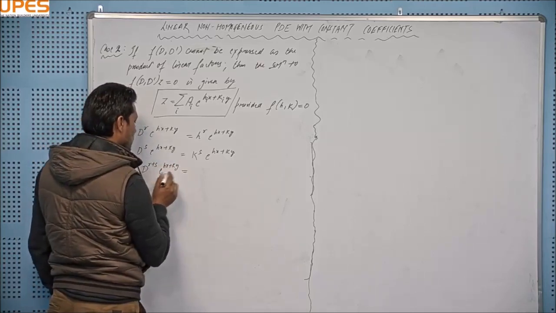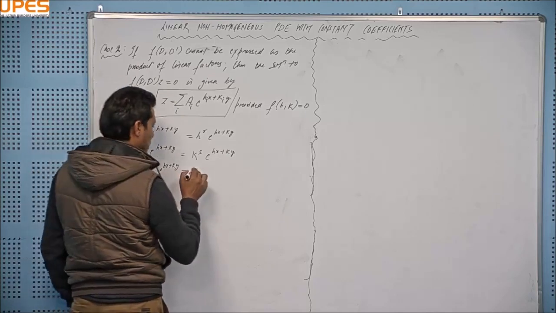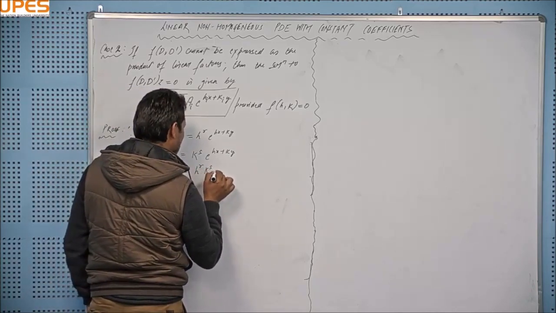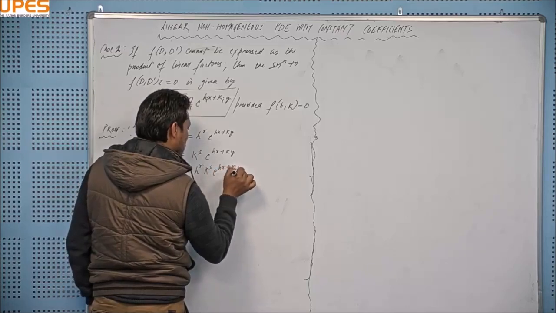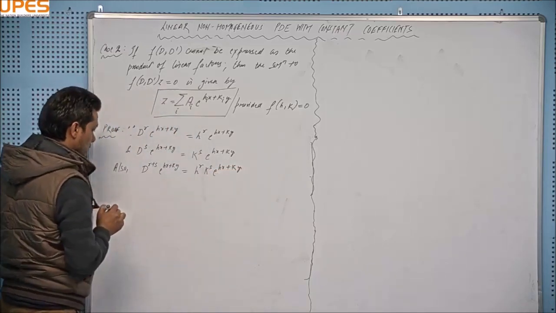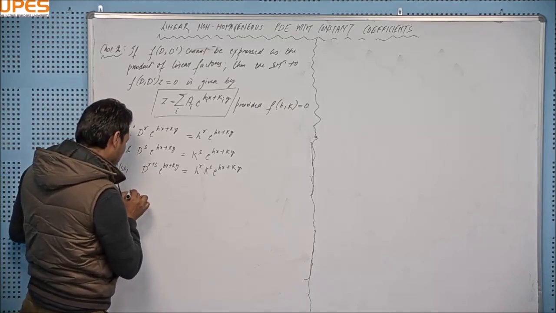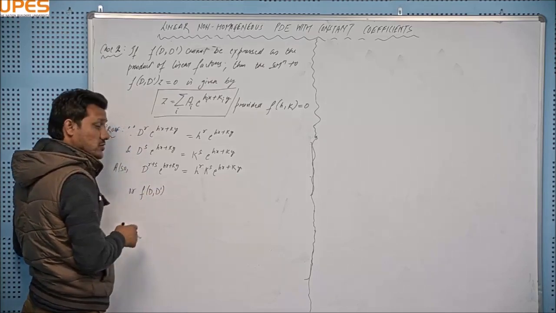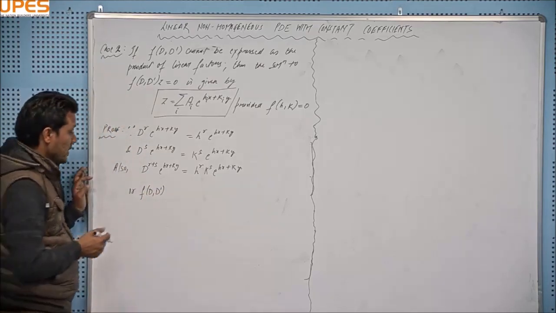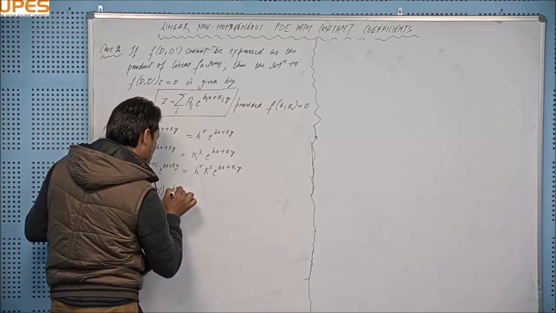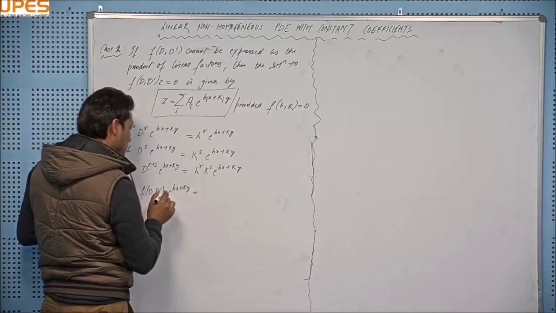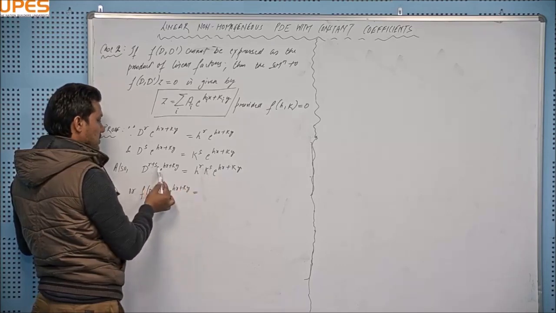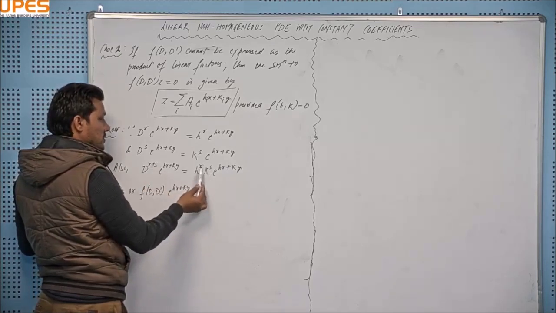In that case, I will be getting something like h to the power r and k to the power s and e to the power hx plus ky. And this means that if I have some operator here, f(D, D dash), homogeneous or maybe non-homogeneous, no problem, then I will be getting the result like this. It appears that h to the power r and k to the power s, meaning r plus s gets distributed over the powers of h and k.